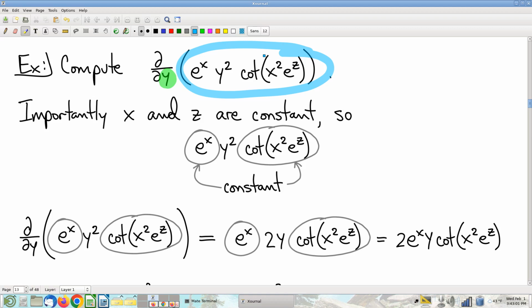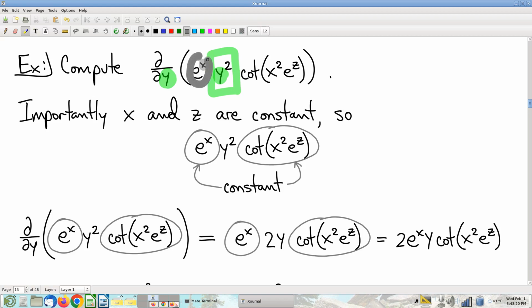So it seems. But very importantly, remember, when we're taking a partial derivative with respect to y, y is the variable. Therefore, y squared is a function we're going to have to deal with. But x is a constant, and that means e to the x is a constant.